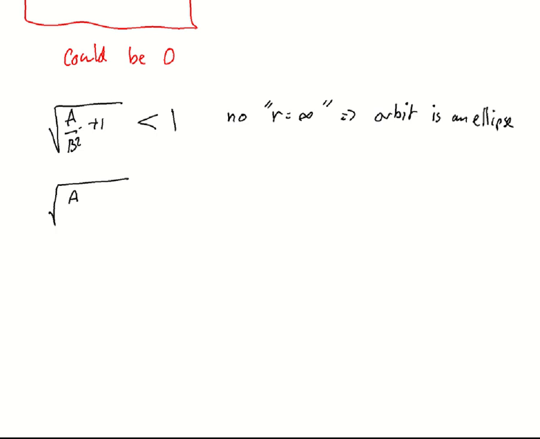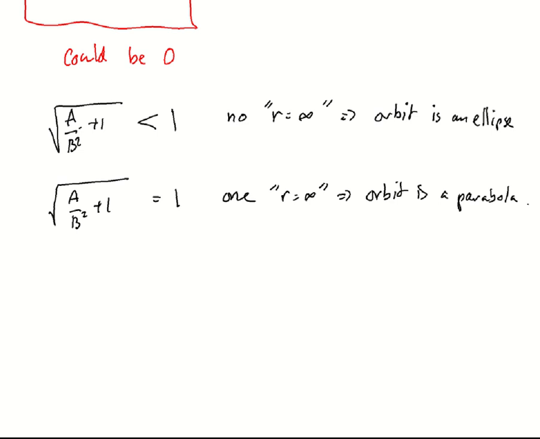If root A over B squared plus 1 equals 1, then we get r equals infinity. And that would mean the orbit is a parabola. And that's actually quite a rare system, thinking about it, because it needs very precise values.